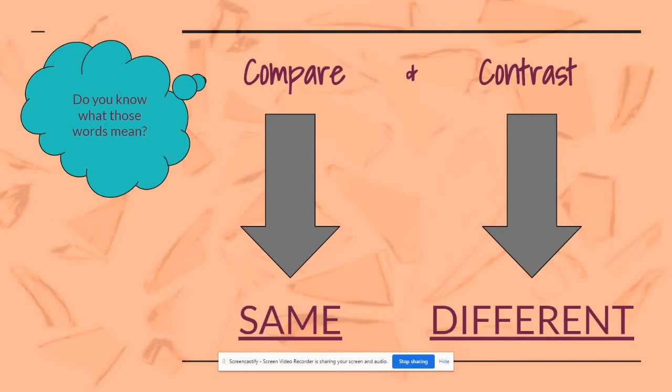What does one do that the other cannot do? How are their appearances different, and that sort of thing. So again, with our goose and our duck, geese tend to be bigger, ducks are smaller, geese fly south in the winter, ducks tend to stick around where they live.